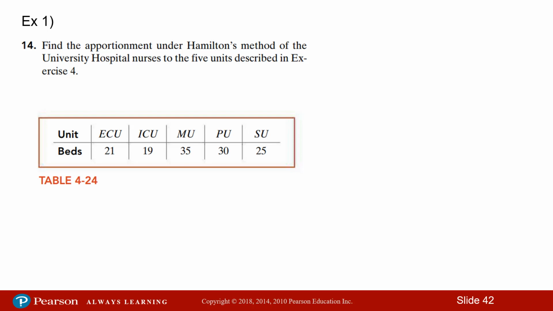So we have to get our standard divisor first before we even get to the other pieces here. So this one is the one that, let's see, there's 250 nurses working in 5 units. So talk to me. It's been a while here, but do we know how to set up the divisor for 4.1?